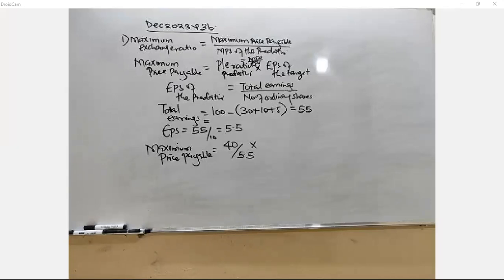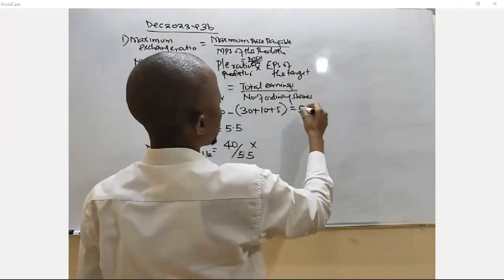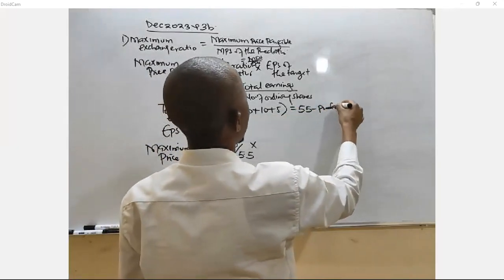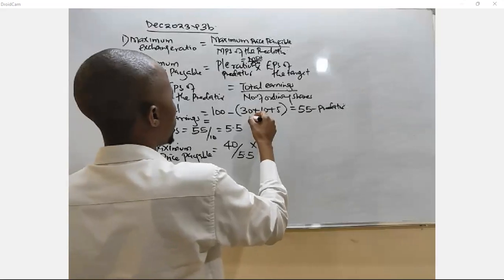Very good. So now you know the total earnings which we have here. These are the total earnings for the Predator. You ask, what about for the target?